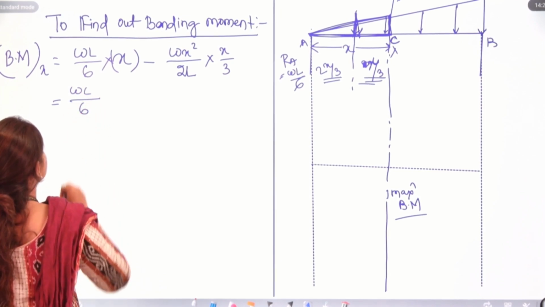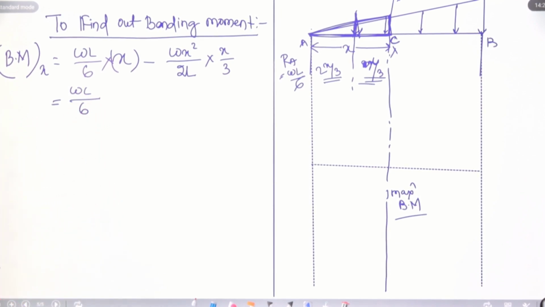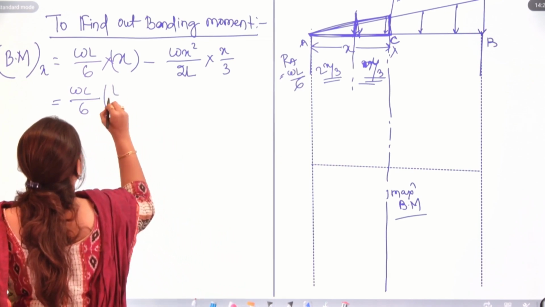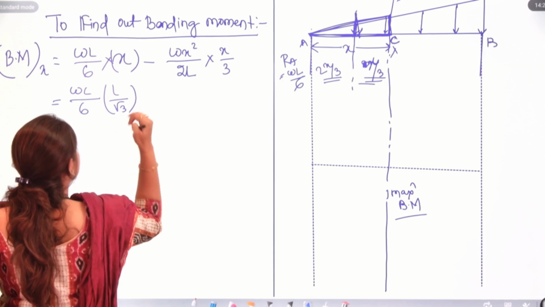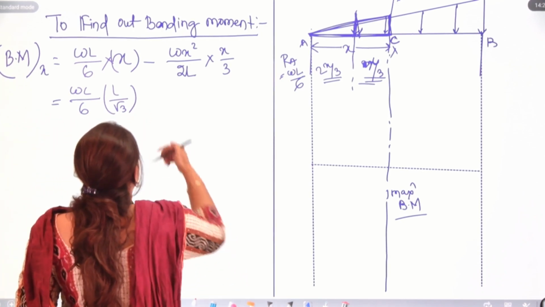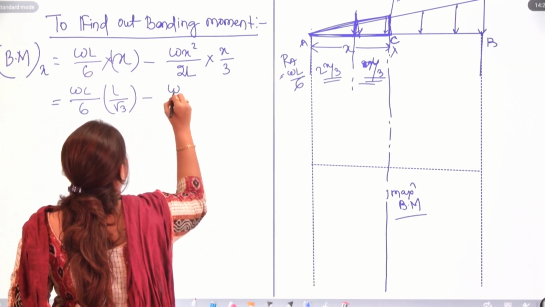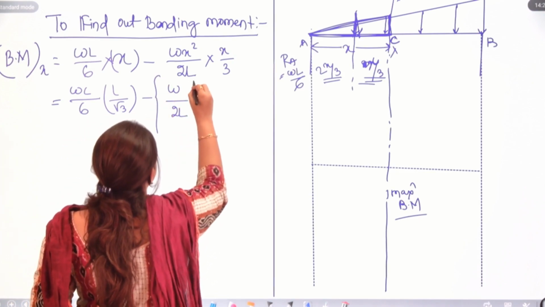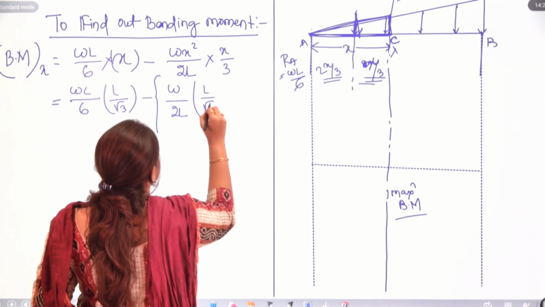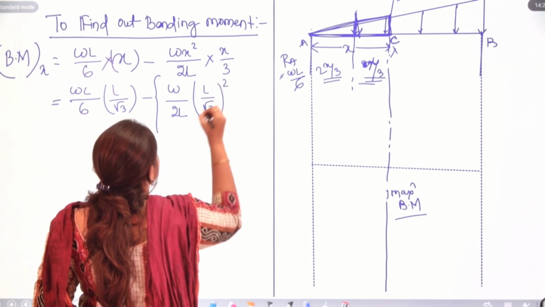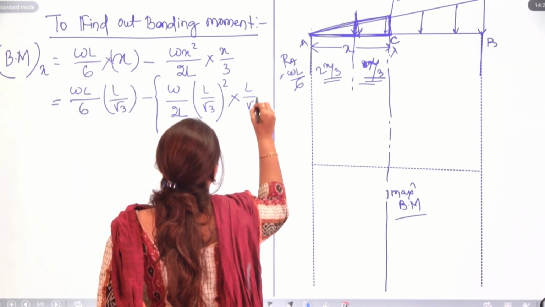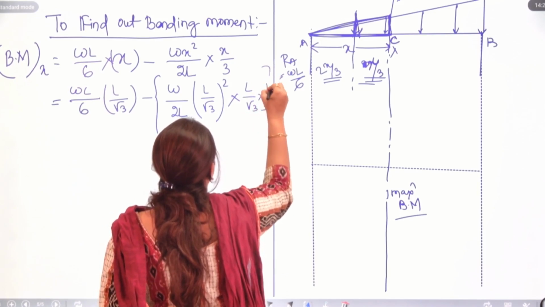Let's put the value of x. WL by 6 into L by root 3, minus W by 2L into L square by 3 into L by root 3 into 1 by 3.